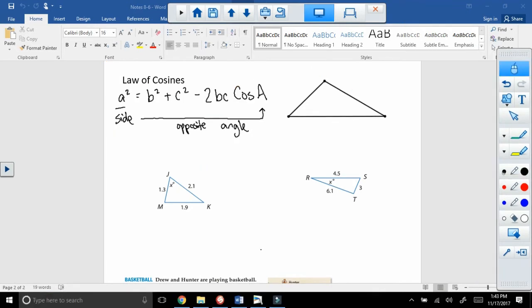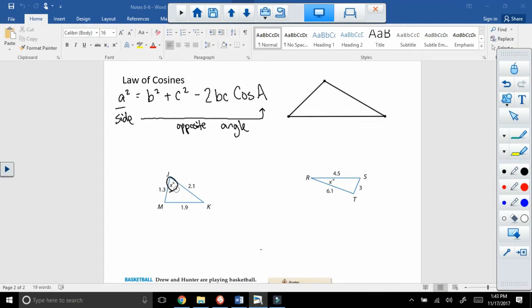I promise once you do this a few times, it is not as confusing as it maybe looks to you right now. Okay, so let's do a couple examples of the law of cosines, and just a heads up, these first couple are a little more work than the last one here, so you're prepared. What you want to make sure that you have is the side that is opposite from the angle.